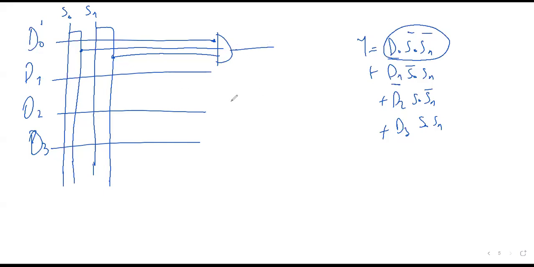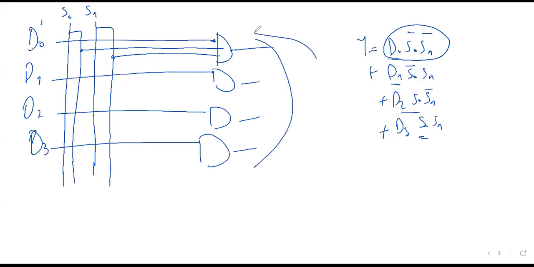Then I continue with the next one, another AND gate, and another AND gate for each of the others. And all these AND outputs are being summed. You have an OR gate like this. Your output is Y.